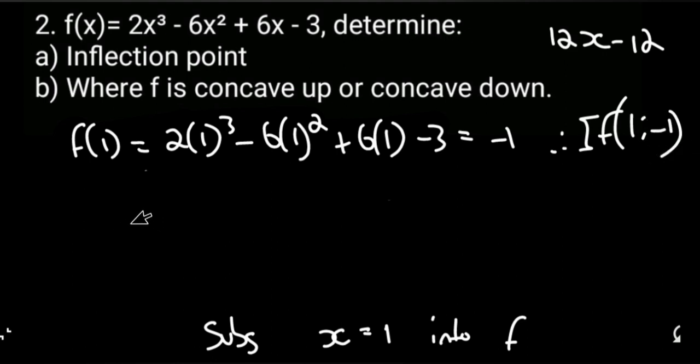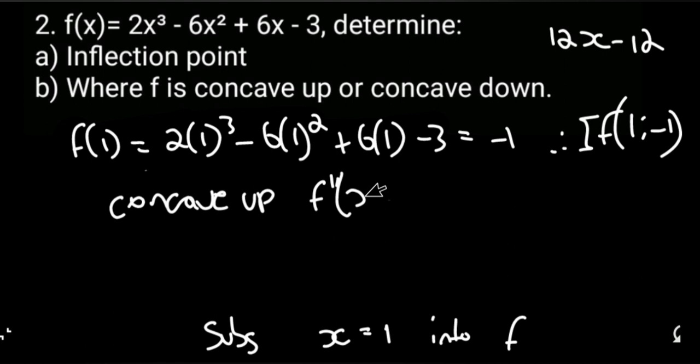Okay, so we need to determine at which points the graph will be concave up and also concave down. So for concave up, we need to set up the second derivative to be greater than 0, and our second derivative is simply 12x minus 12, which must be greater than 0.